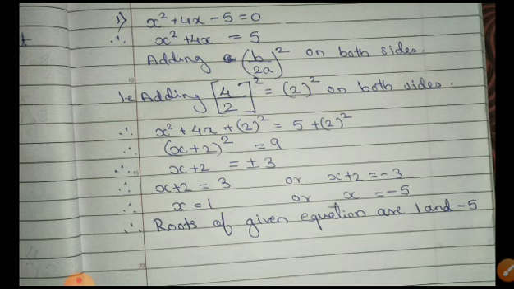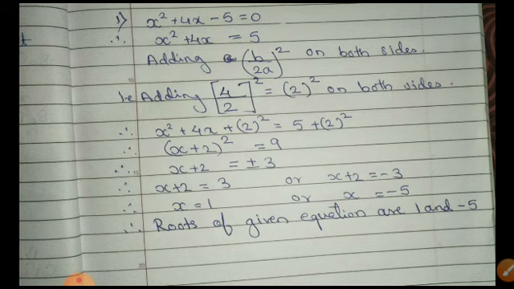The first step is to take only the terms with the variable on one side. The right hand side should be only a constant term. Check whether the coefficient of x square is 1 or not. If it is 1, no problem. If it is not 1, I have to divide throughout by that coefficient.